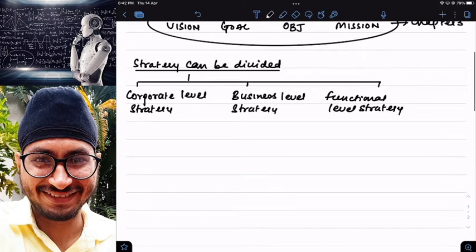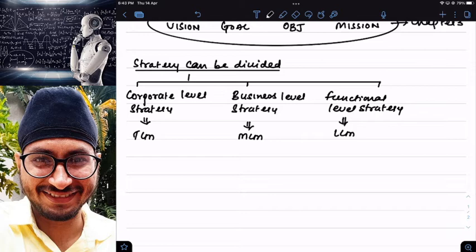So strategy related to top level management, or you can say corporate level management, is called as corporate level strategy. Related to middle level management is called as business level strategy. Related to lower level management is called as functional level strategy.